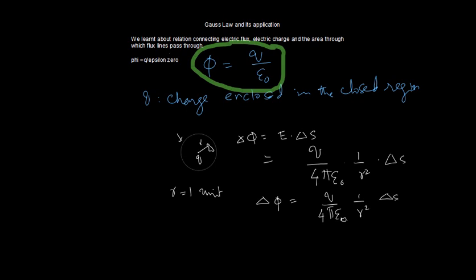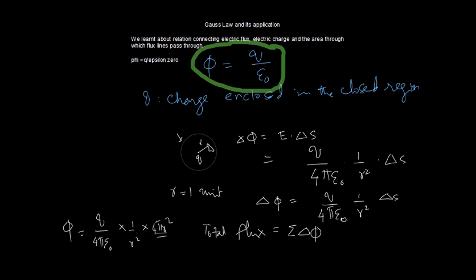If you want the total flux coming out of the sphere, we do the sigma of the delta S. That means you are considering the entire area of the sphere, which I told you the other day is nothing but 4 pi r square. So total phi equal to q by 4 pi epsilon naught into 1 by r square into 4 pi r square.